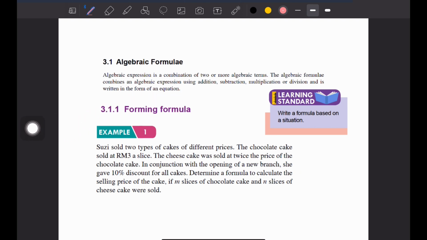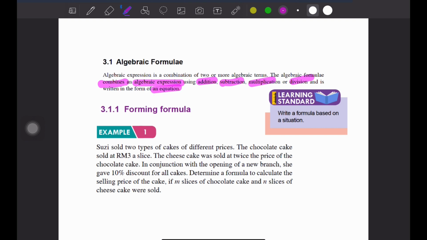So we know that the algebraic formula is a combination of algebraic expressions using four types of operations: addition, subtraction, multiplication, or division, written in the form of an equation.